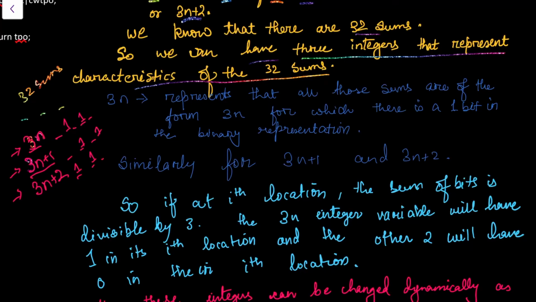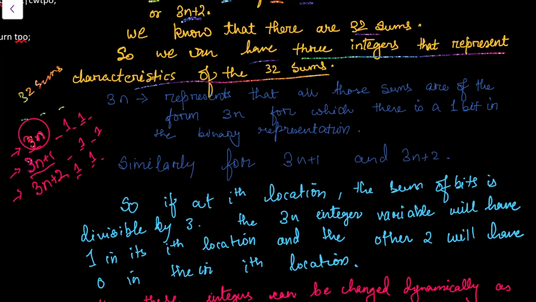That means if 3n has 1 at locations number 8 and 16, I can say that if I take the sum of, let's say, 5 elements of the array till now, at location number 8 and 16, hopefully those were 8 and 16, my sum will be of the form 3n, because in my 3n integer at those locations I have got 1.